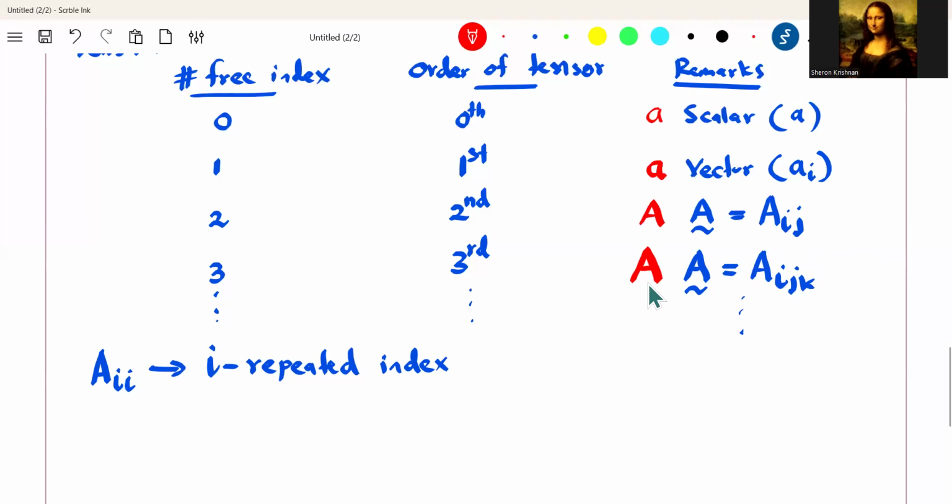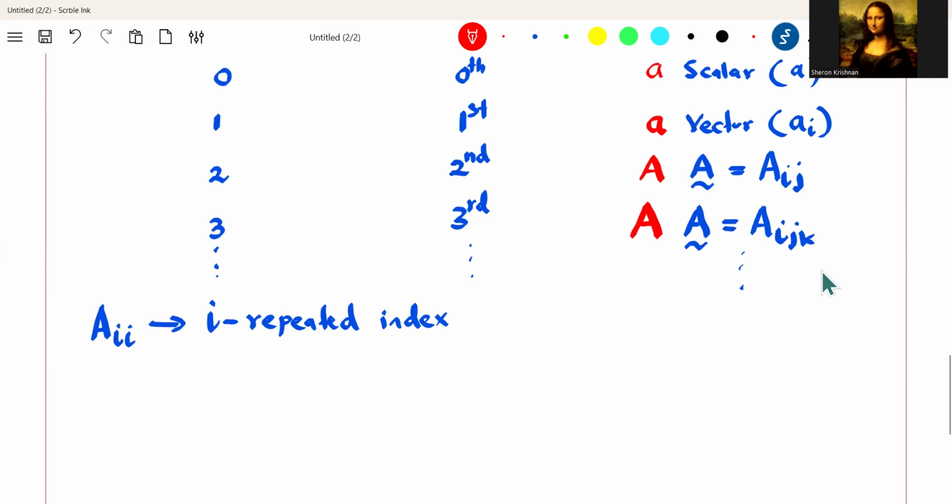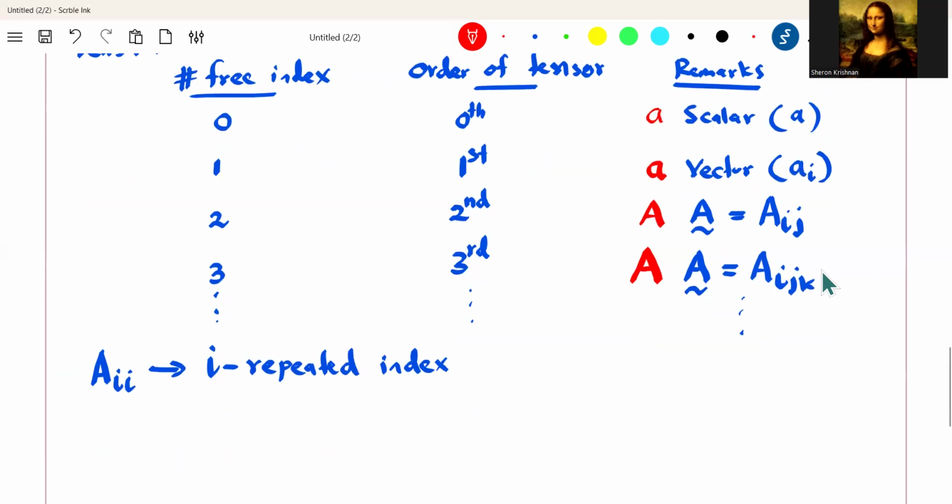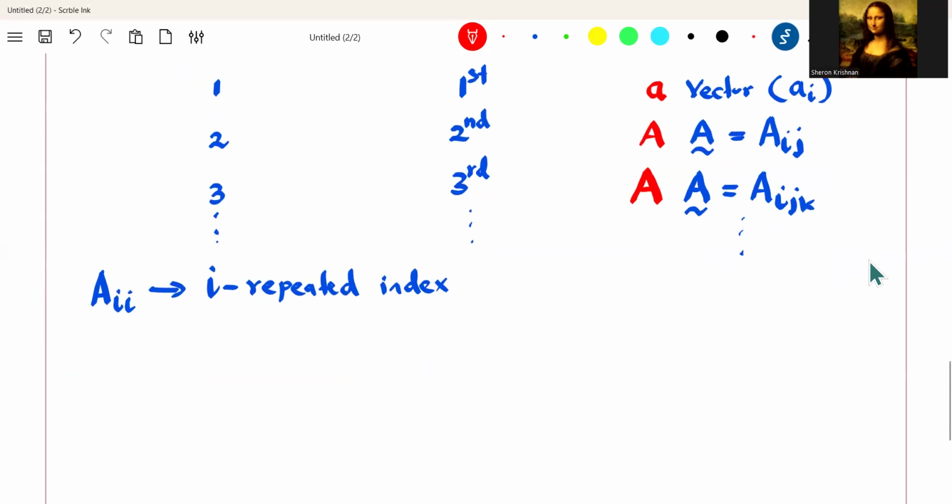If you read any books, you can find these things. Because typing a hyphen or tilde below the letter every time is difficult, they use these kinds of styles in books. Some books use index notation, but personally I prefer index notation because it makes our life easy. We no need to write a lot of equations if we follow index notation.